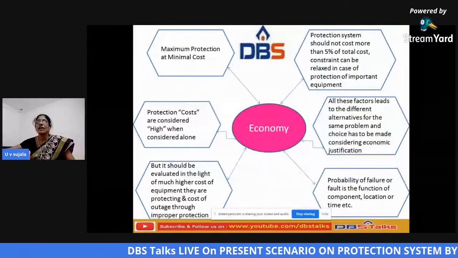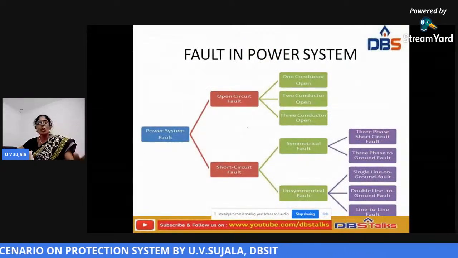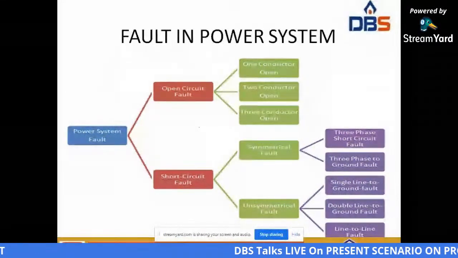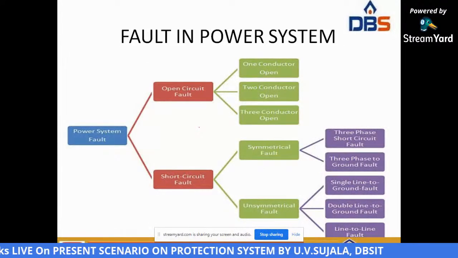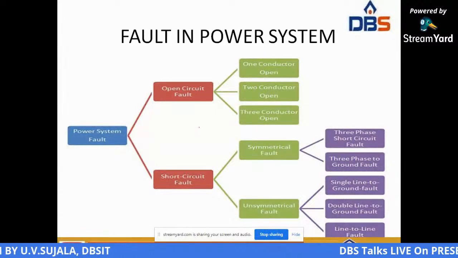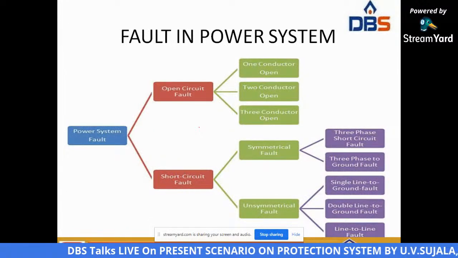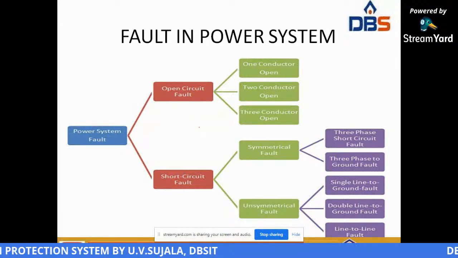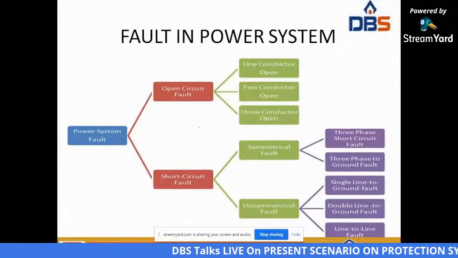Any abnormal conditions, that means whenever a fault occurs: overloads, under voltages, over voltages, an unbalanced network, reversing of power, under frequency, switch instability, and over temperature. These are all the causes of faults in the power system.